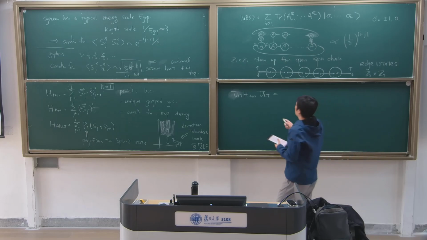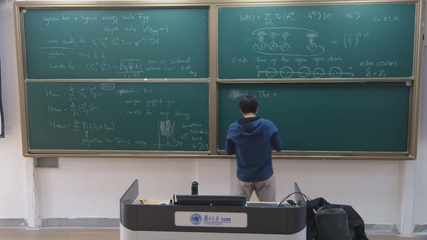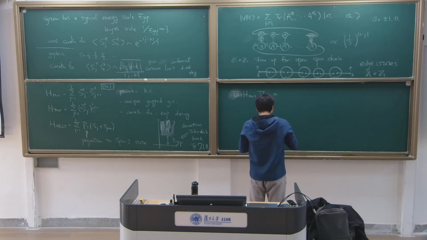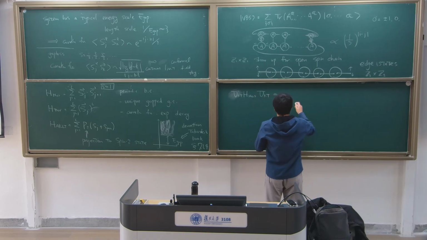And last time when we applied the Kennedy-Tasaki transformation, we obtained that the Hamiltonian is something like as follows: half of minus.